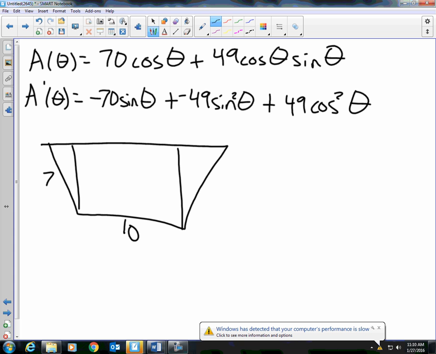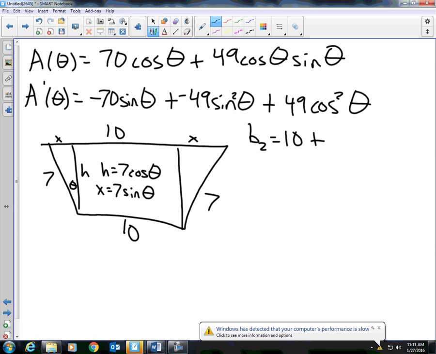10, 7, 7, right? 10, and then you've got x and x. And we said that h was equal to 7 cosine of theta. That's what we solved for, right? And then we would say that x was equal to 7 sine of theta. So your base 2 was 10 plus 2 of those things, so 14 sine of theta, right?